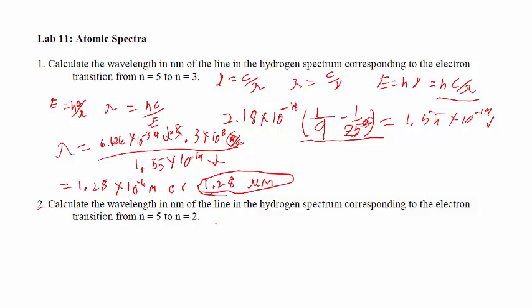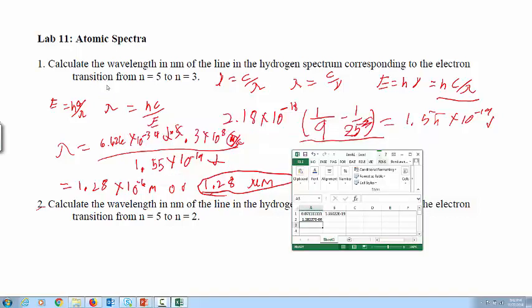Okay, calculate the wavelength in the hydrogen spectrum for an electron dropping from n equals 5 to n equals 2. Hey, we can just change 9 to 4 and we've got it. It's pretty much the same equation, except in here instead of 9, I take 2 squared, which is 4, and see what we get.